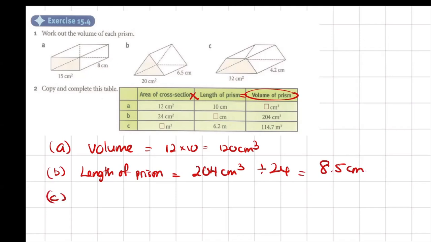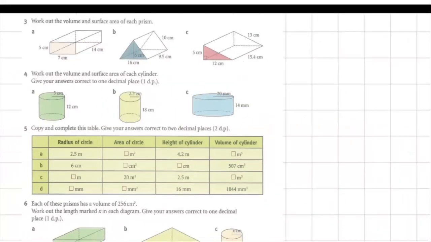You can do the same thing because it is a multiplication, so we need to find the area of the cross-section. All we need to do is just divide. The answer will be 114.7 divided by 6.2, 18 meters, sorry. Done. Let's move on to question 3.